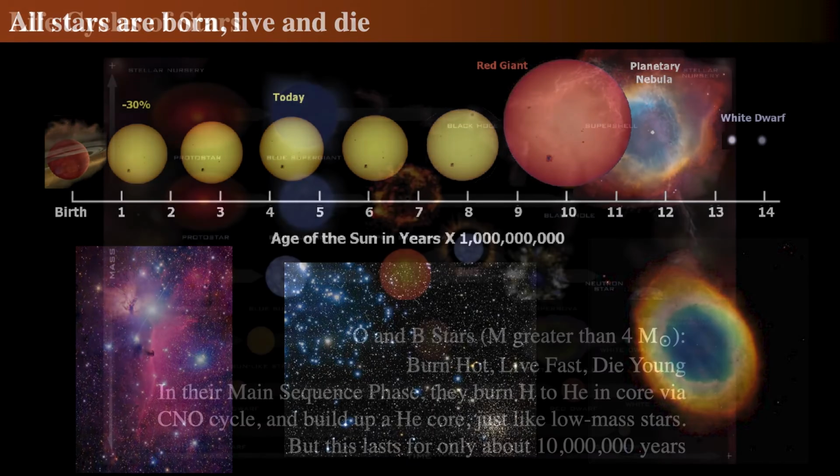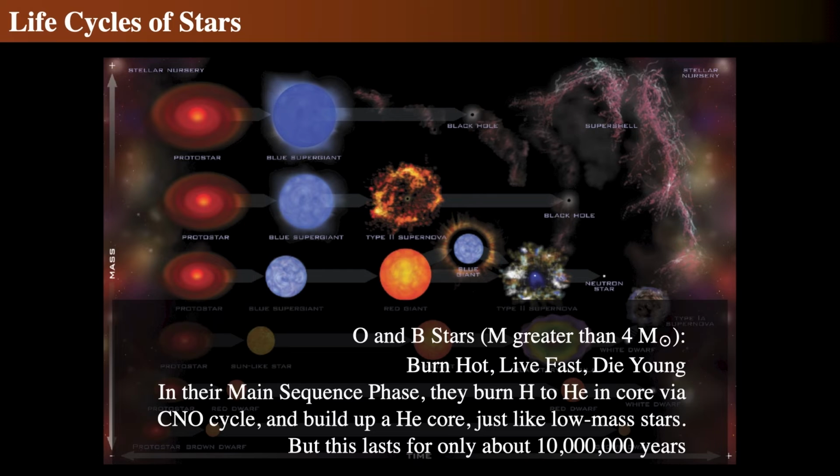We're going to look at more massive stars. Hot stars, like O and B type stars, basically their masses are greater than about 4 solar masses. They burn extraordinarily hot, they live extremely fast lives, and they die very young. So their main sequence phase, they do burn hydrogen into helium in their cores just through a different process, not the proton-proton chain, but through the CNO cycle.